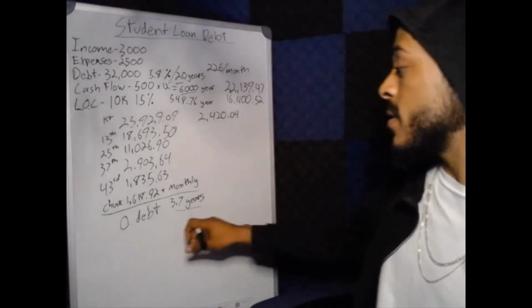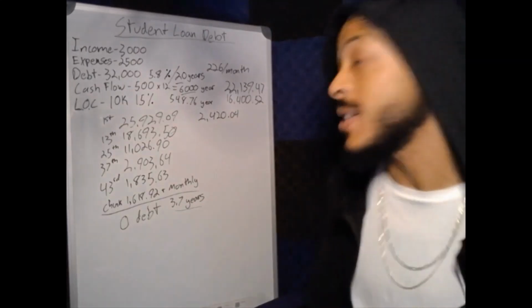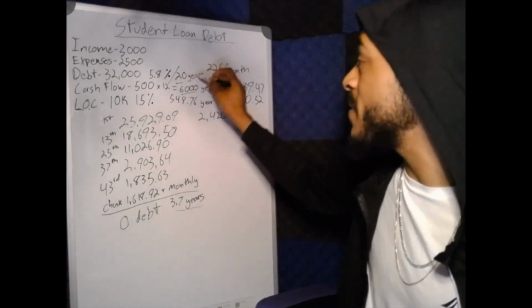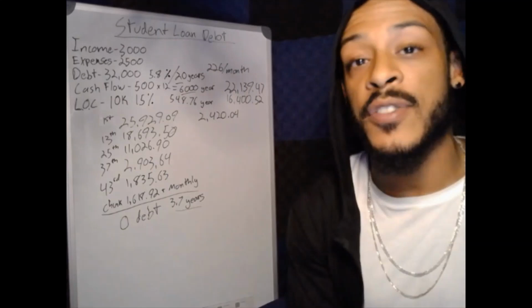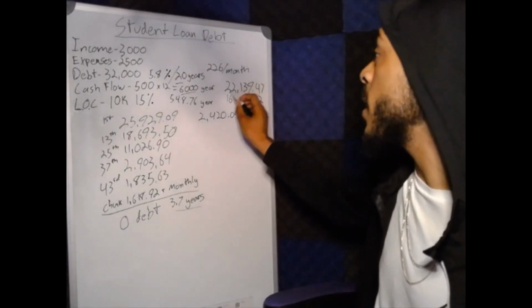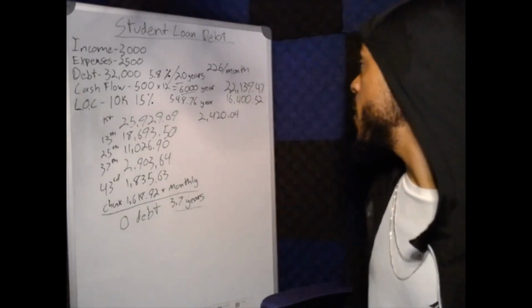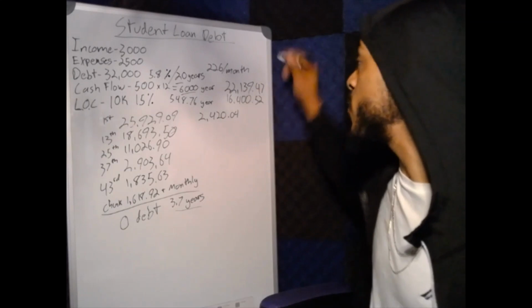And obviously the time it would have taken you. So you saved what, 16.3 years out of 20. So instead of taking 20 years to pay down the student loan debt, it would have taken you 3.7 years. And instead of paying $22,139, you would have saved $16,400.